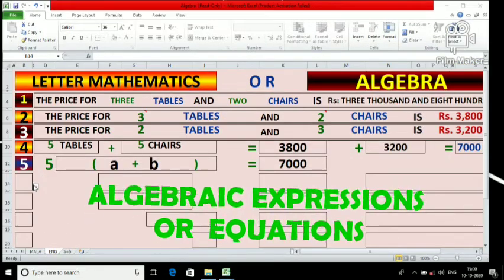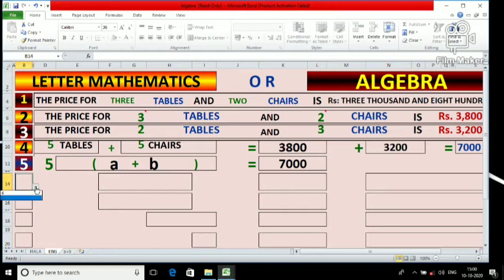Okay, let's go to the next step. See, we can select here 6. Now, already we have seen 5a plus b is equal to 7,000. Now, from this statement, we can find out a plus b. How?